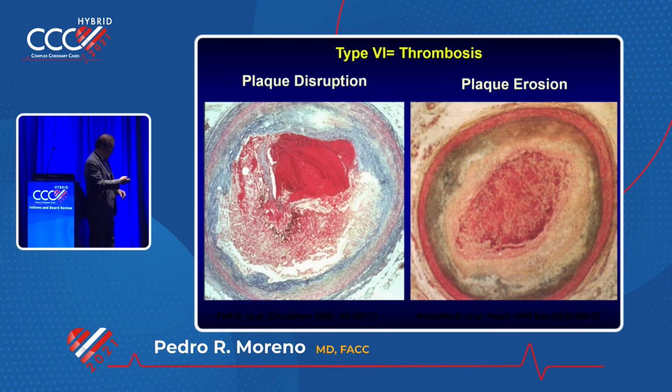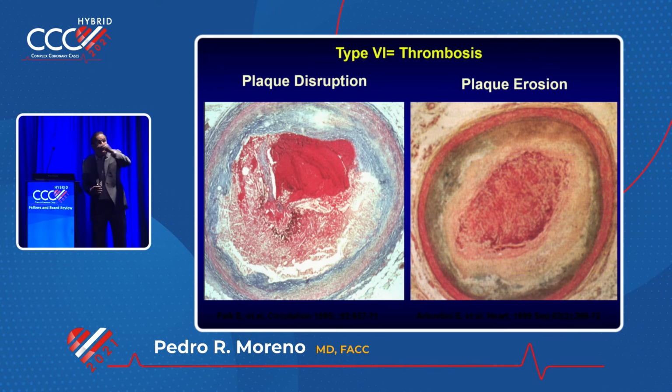And the complex lesions are plaque rupture, where the lipid core is in contact with the flowing blood. There is extrusion of lipid, which is thrombogenic and generates this. So the definition of plaque rupture is when the lipid core is in contact with the lumen, with the flowing blood.